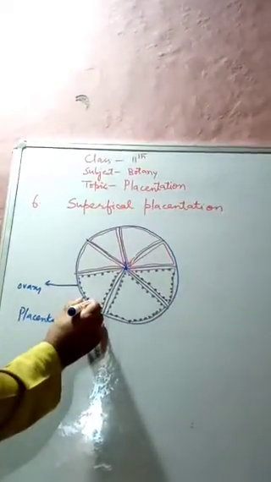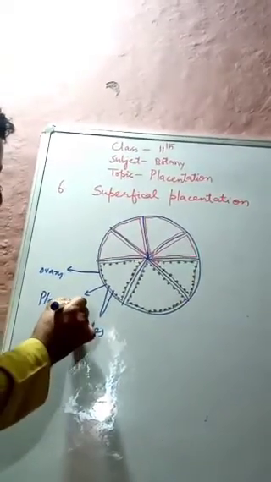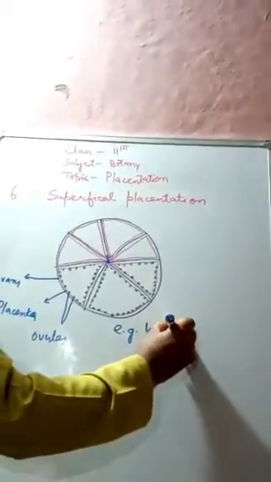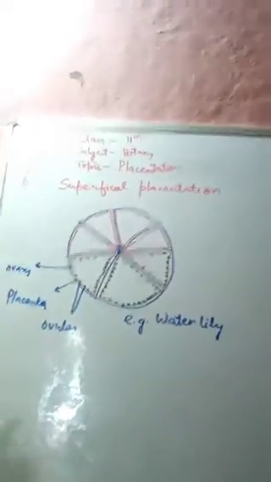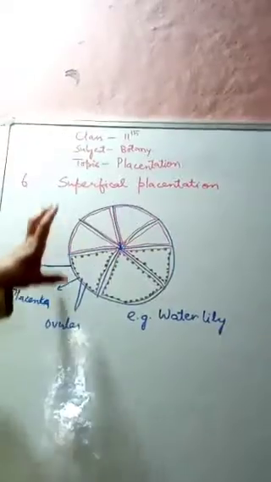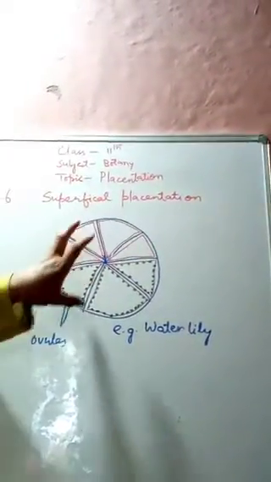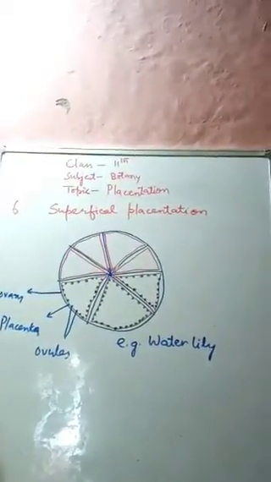These green dot like structures are the ovules, and it is these ovules which develop into the seeds. If we see an example, that is the water lily. Here we see that the placenta occupies almost the entire surface of this ovary. So this is called the superficial placentation.